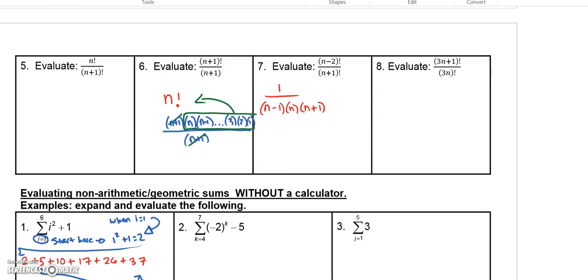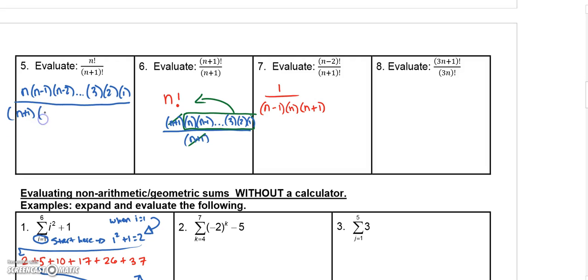Let's see how this works when I have a variable involved. So n factorial is going to be n, and I decrease, right? So n minus 1, n minus 2. I don't know how many numbers there are, but I know eventually I'm going to get down to 3 times 2 times 1. My denominator, I start with n plus 1, and then I decrease by 1.